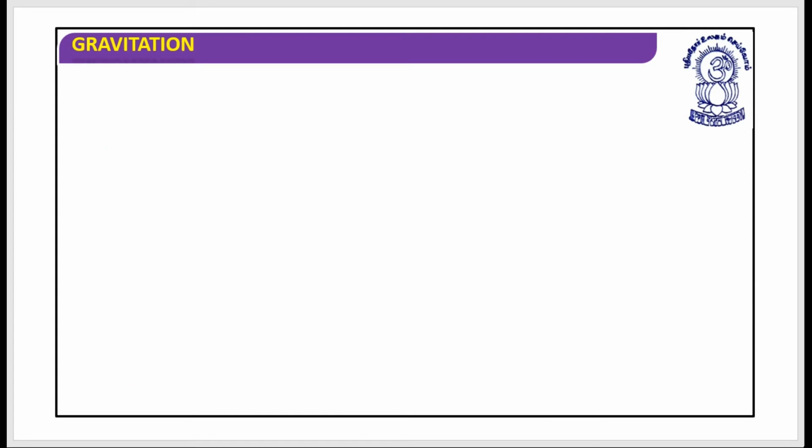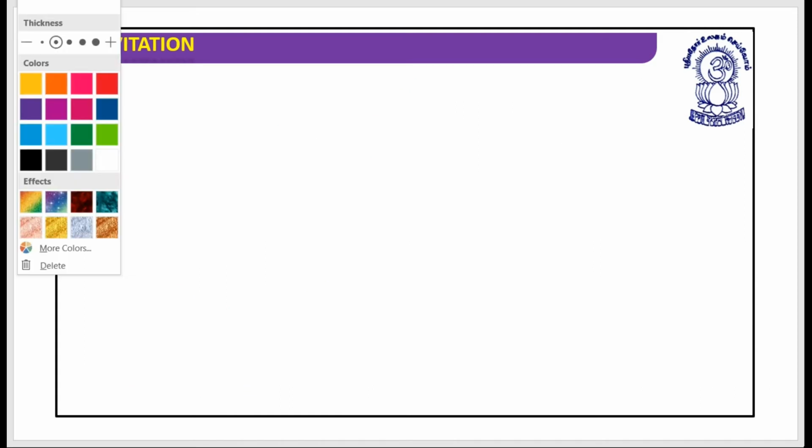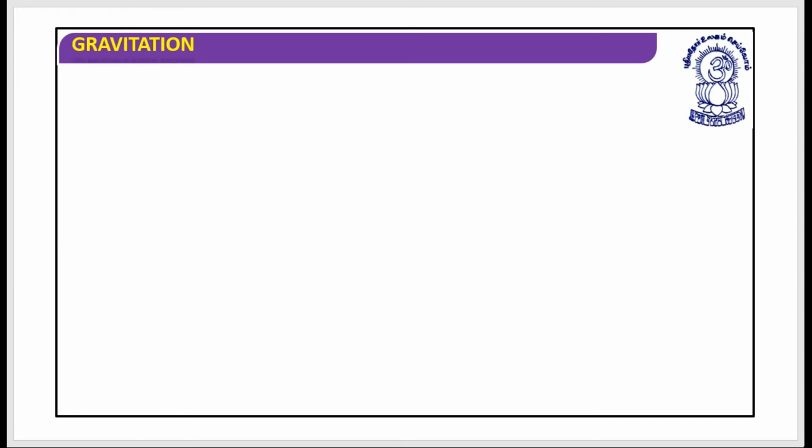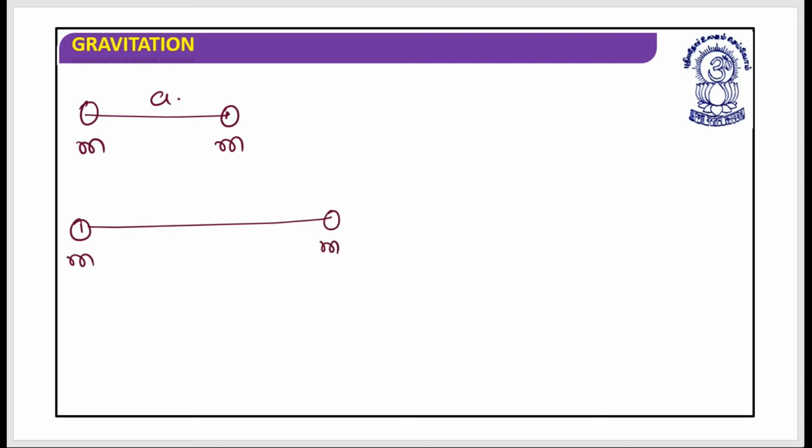Great. So now let's understand the situation we were having. The situation is something like this, that we have two masses that were separated by distance a, and now their separation is 2a. This is the initial system, this is the final system.